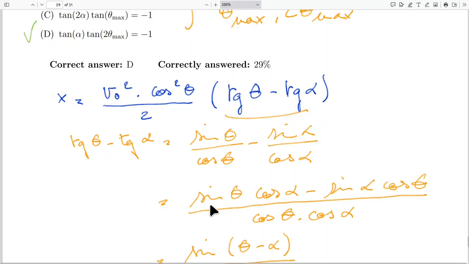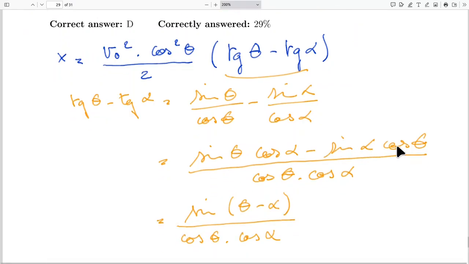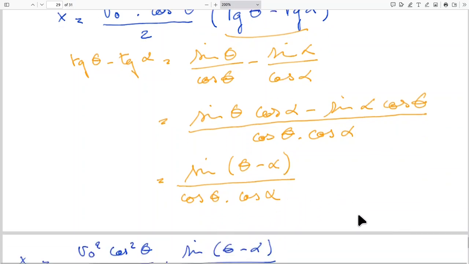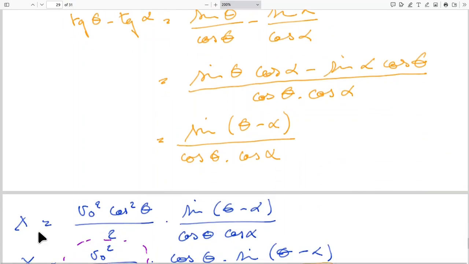This one you can write as sine of theta minus alpha, still divided by cosine theta, cosine alpha, obviously. So you can rewrite x as v0 squared times cosine squared theta over 2 times sine of theta minus alpha over cosine theta cosine alpha.